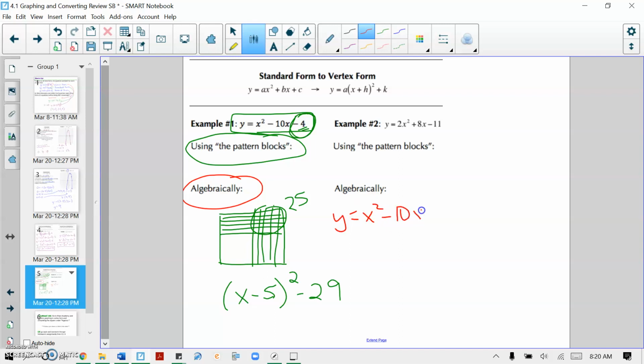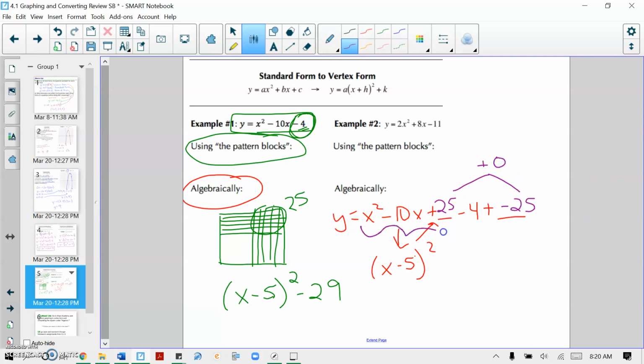So you write the first 2 terms plus a blank, minus 4 plus a blank. And we said, okay, half of negative 10 is negative 5. That's where that piece comes from. And negative 5 squared is 25. But I can't just add 25 into an equation because I feel like it, but I can add 0. So since we added 25 right here, I can subtract 25 right here because it's kind of like I'm adding 0 into the equation.